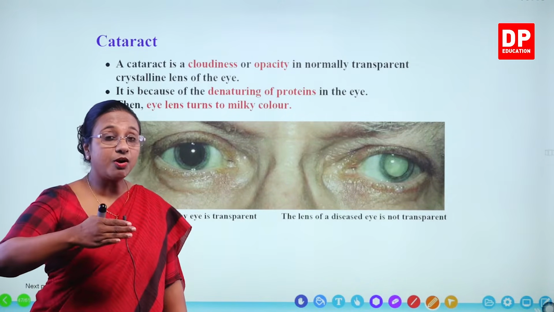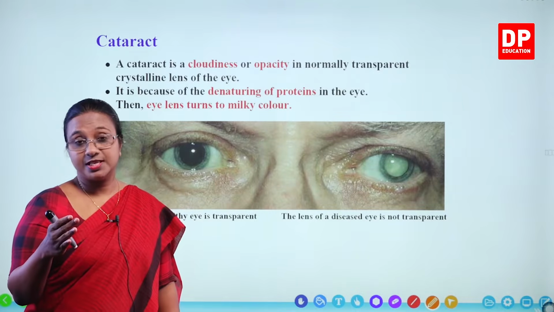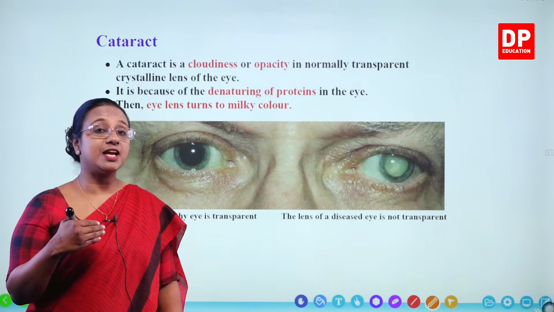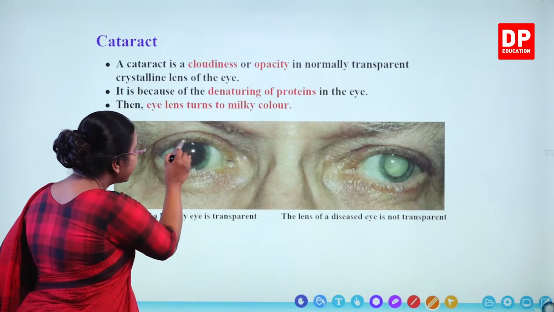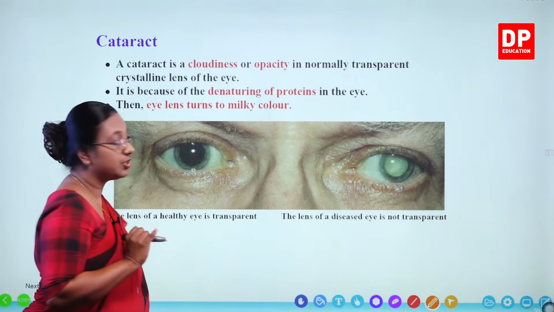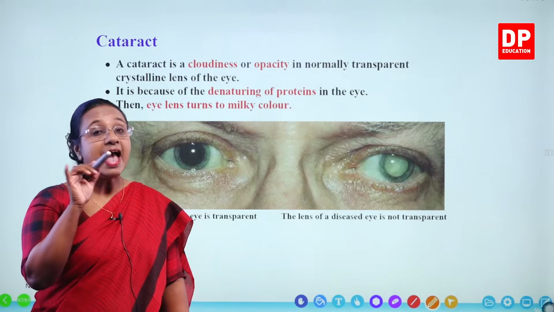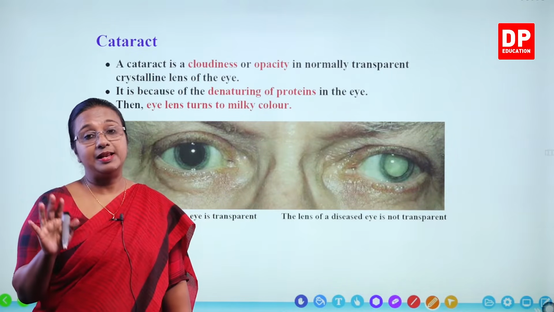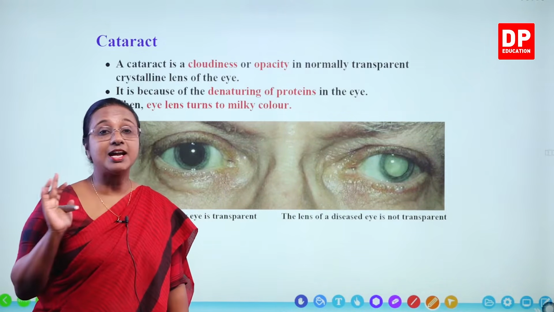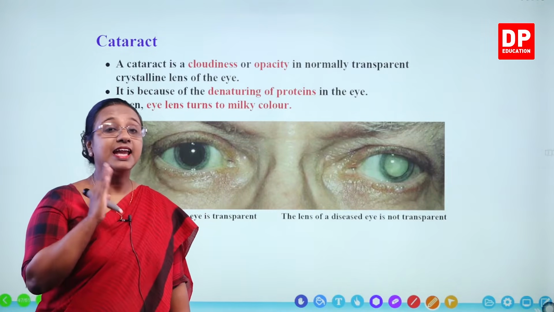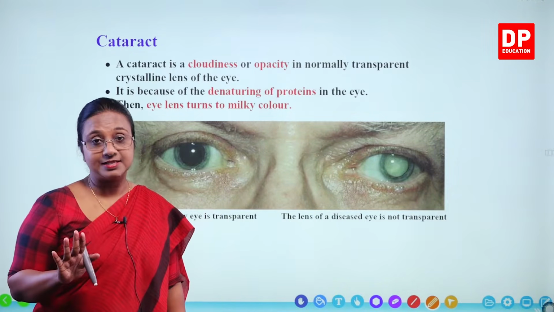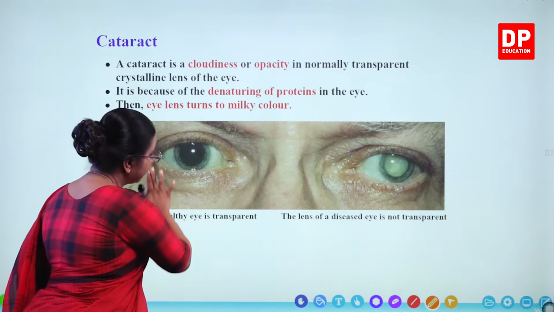Behind the cornea there is the aqueous humor that also allows light to pass through. This dark colored region is the iris. And in the middle there is the pupil, the pore that allows the light to go in and get refracted by the lens. That is the healthy eye.